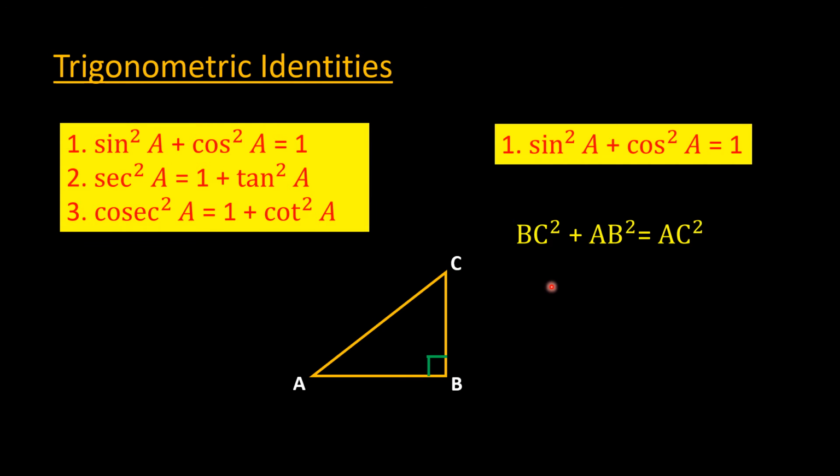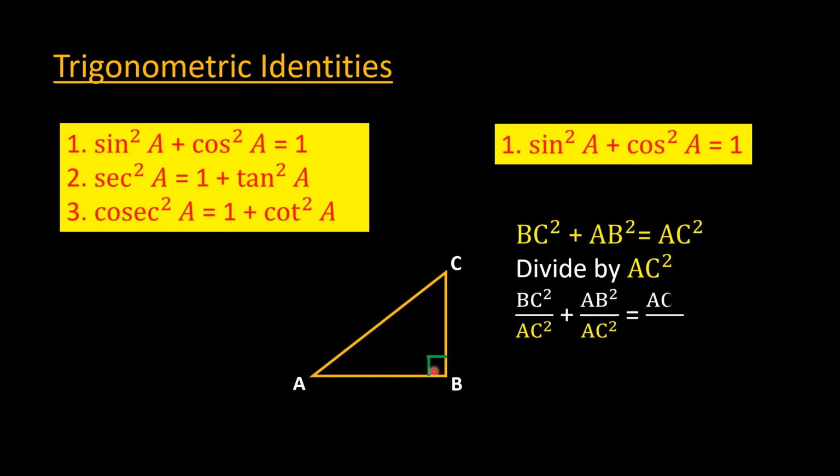Now we will divide this expression by AC squared. So we write BC squared divided by AC squared, AB squared divided by AC squared, and AC squared divided by AC squared.